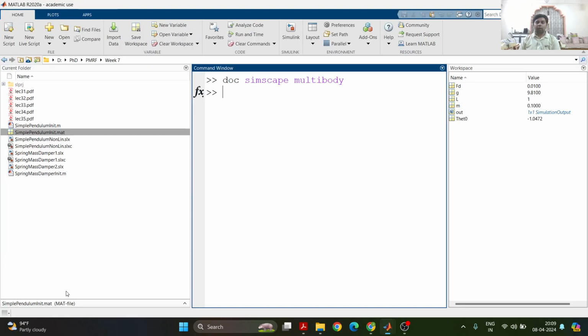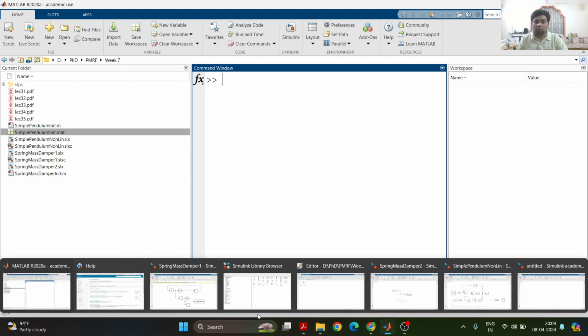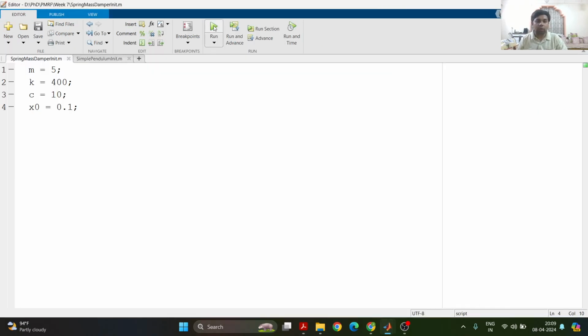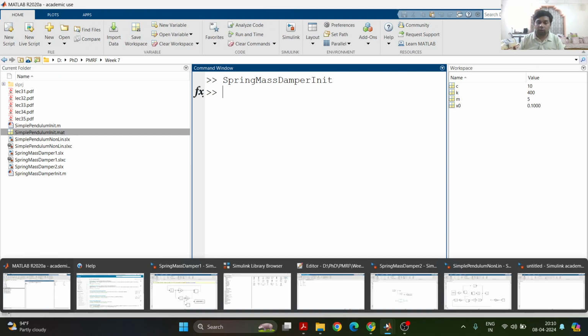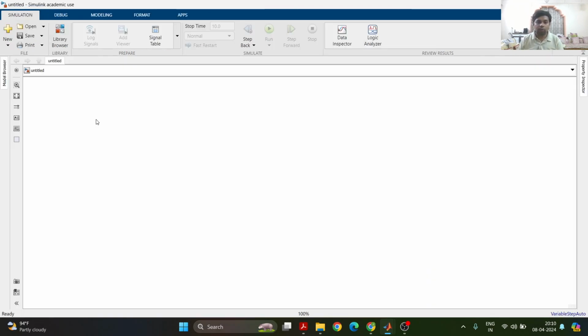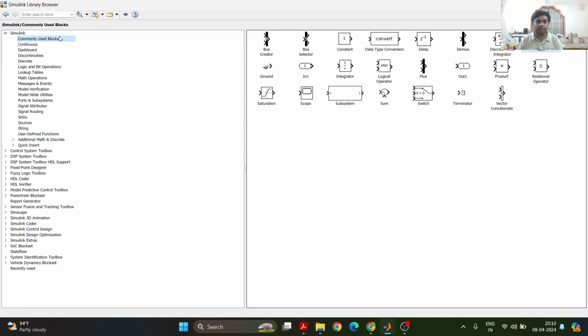So I'll just initialize these variables in the workspace using the script. Now we have the relevant parameters in the base workspace. So now we can start creating our model.